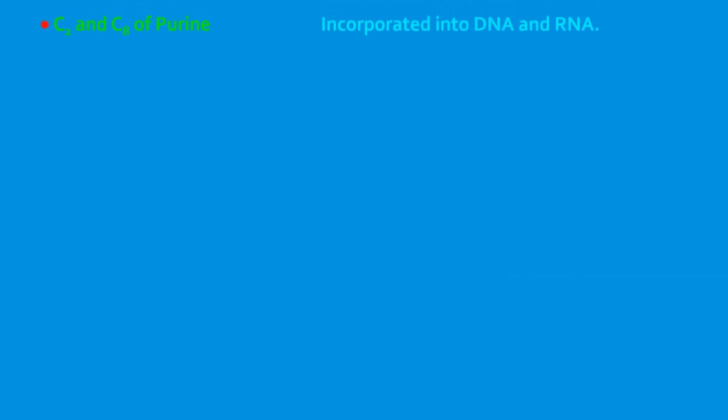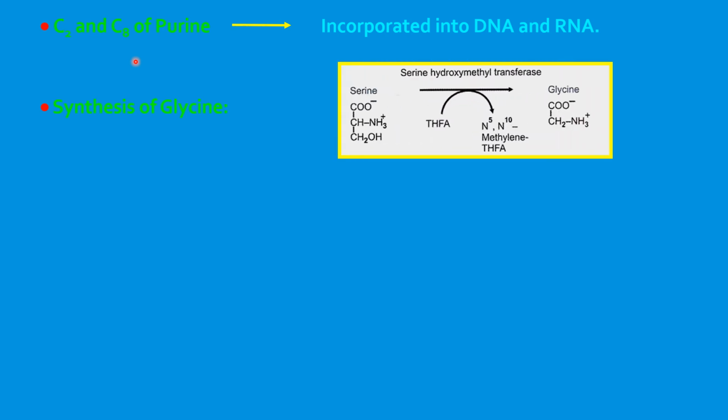So where do we use this? Which are some of the reactions where we see tetrahydrofolate donating the one carbon group? It is used in the synthesis of purine. In fact, carbon number 2 and carbon number 8 of the purine ring are donated by tetrahydrofolate.